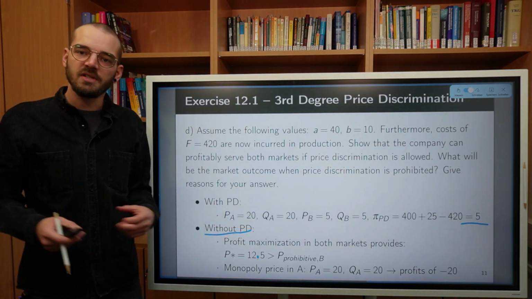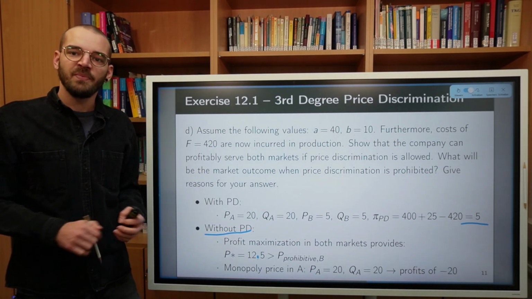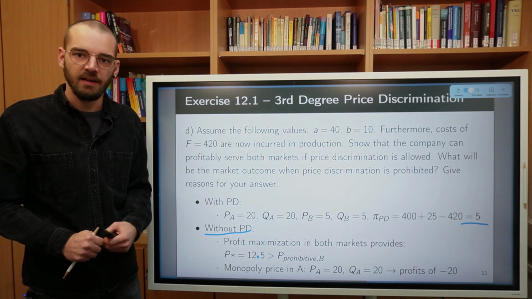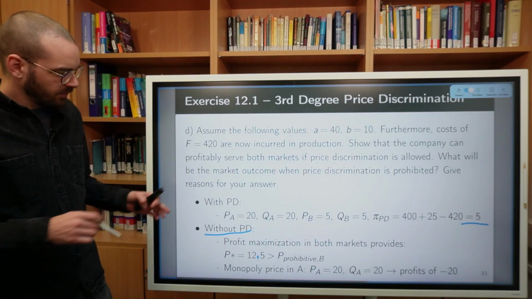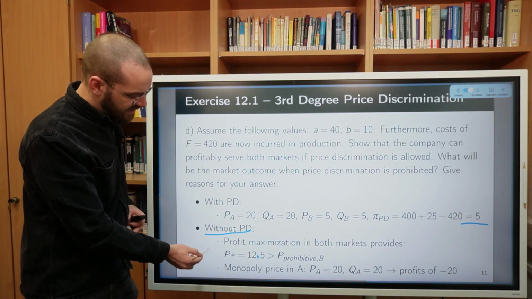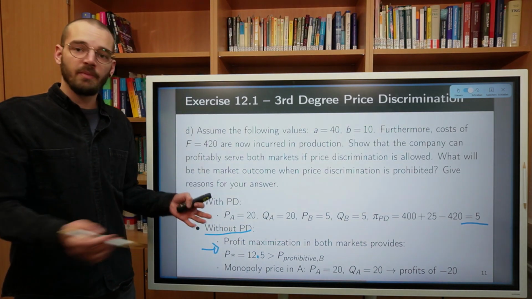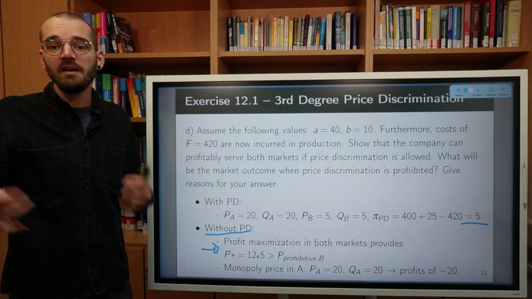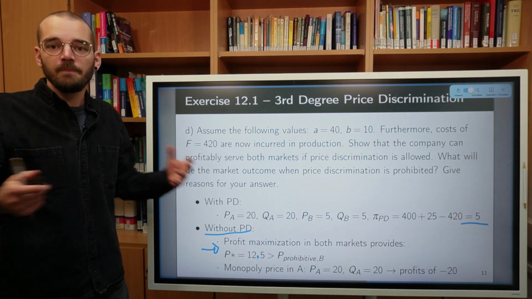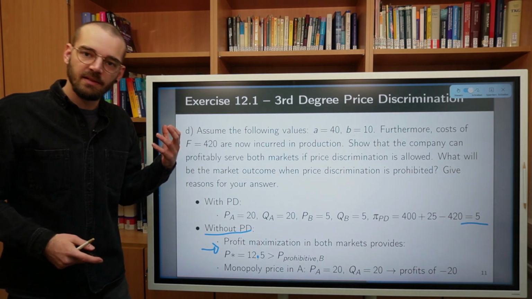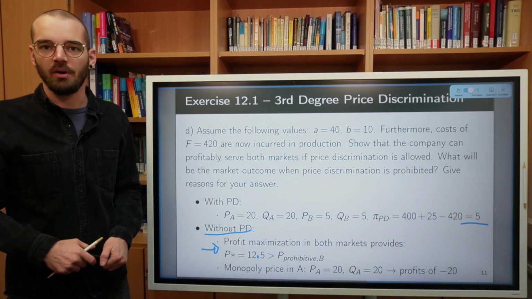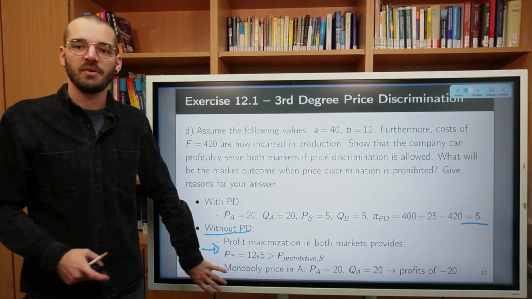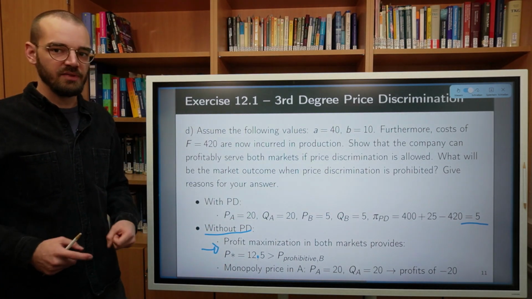If they are only serving market A, of course, it is profit maximizing to set the monopolist price in market A. Because the profit maximizing price when considering both markets at the same time is larger than the maximum willingness to pay in the smaller country, the monopolist realizes that they will not serve the smaller country, and instead they choose the profit maximizing price in the larger country, country A.